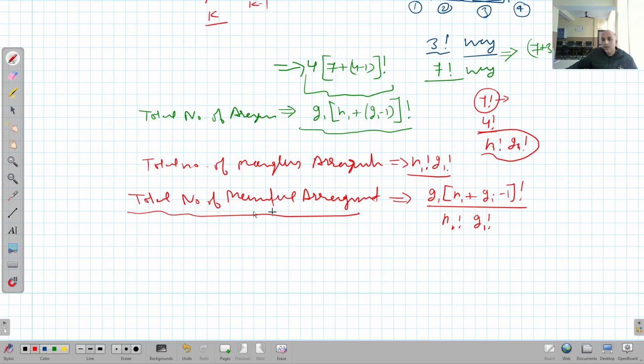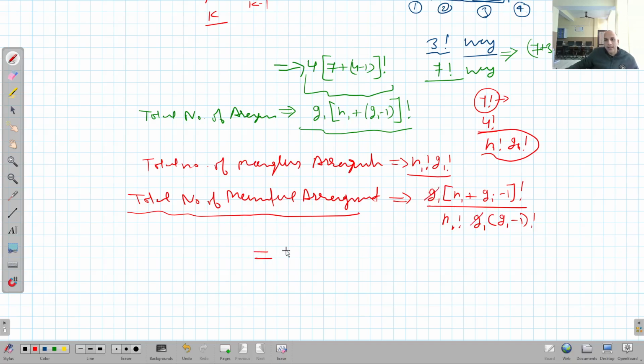So I can even simplify it. It is G1 into G1 minus 1 factorial, so it will get cancelled out.